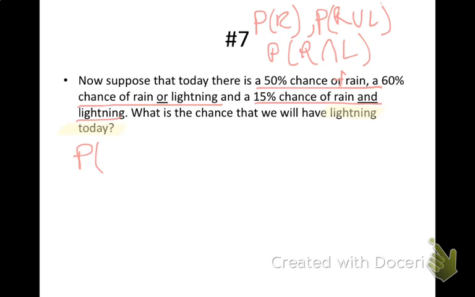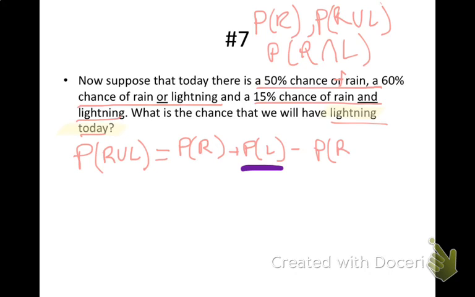Which one has all three of those as well as the probability of lightning? Well, all of those appear in the addition rule. So that's going to be the probability of rain plus the probability of lightning, which is what we're looking for, minus the probability of rain and lightning.